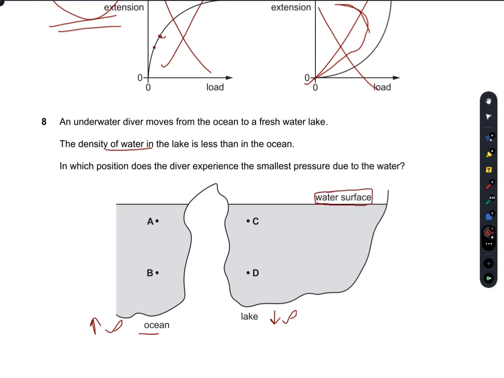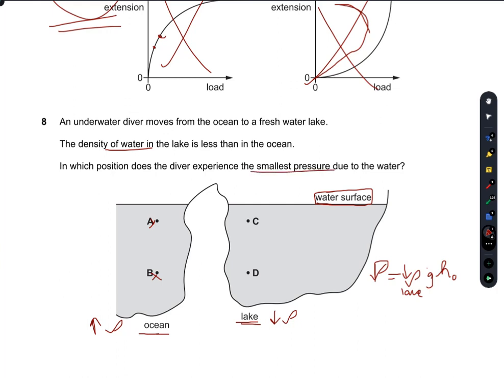So the first thing is that this lake has lower density, and for pressure in liquids we have the formula: pressure is equal to rho times gravity times h. The gravity is constant and the density is lower in the lake. So A and B are incorrect because oceans have greater density, meaning greater pressure. We have to find the smallest pressure.